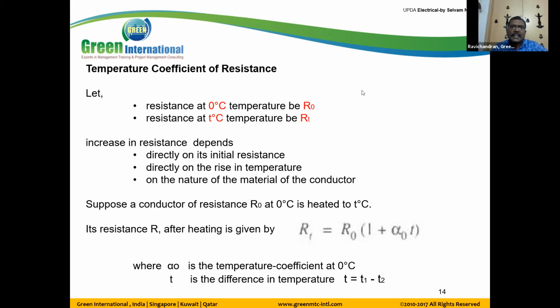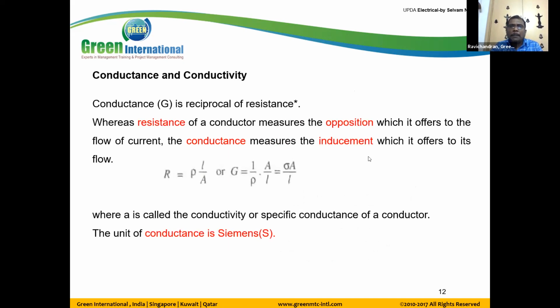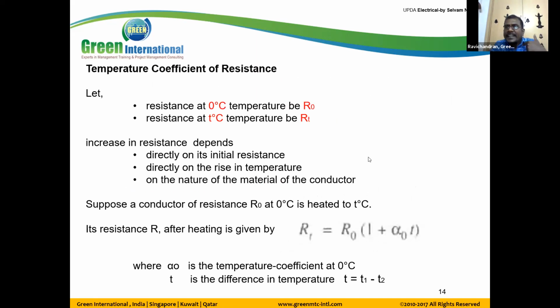In this slide, the resistance also depends upon the temperature. But in this formula, I told you it is at constant temperature that this formula is applicable. But in the real field, the temperature may vary. For example, in Qatar, in Ras Laffan, we have an induction motor.